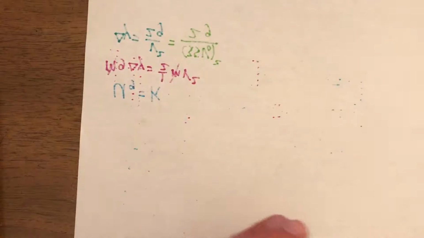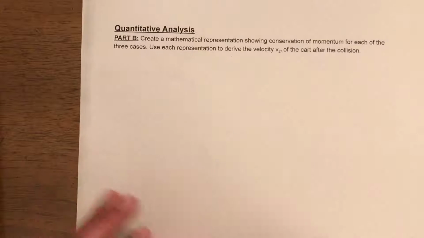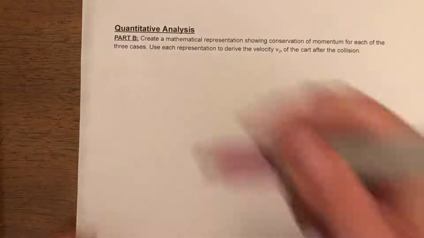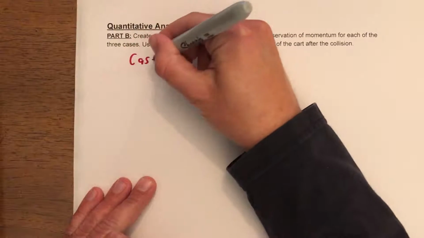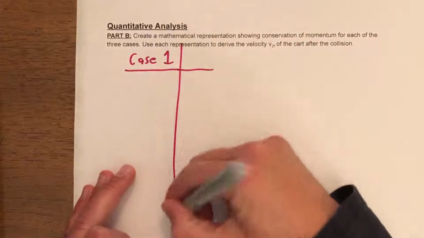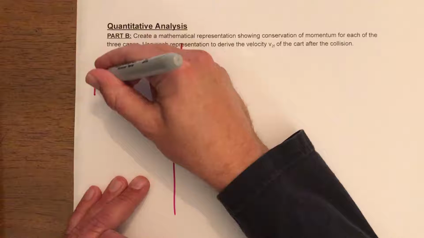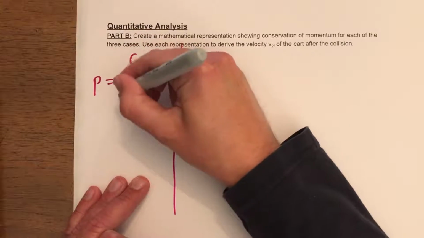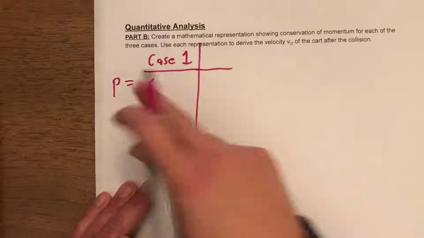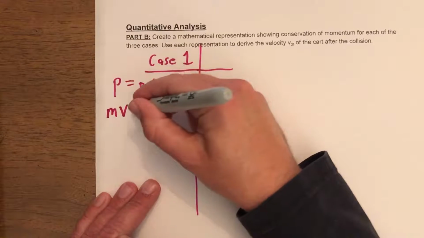So now let's do some quantitative analysis of this. So that means we are going to do it case by case and actually solve for it. So let's do case 1 here. This is when the dart embeds in the cart. So momentum initial is equal to momentum final. The initial momentum is the little m times the initial v.